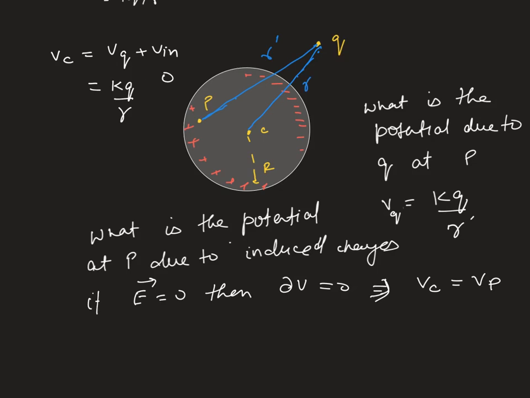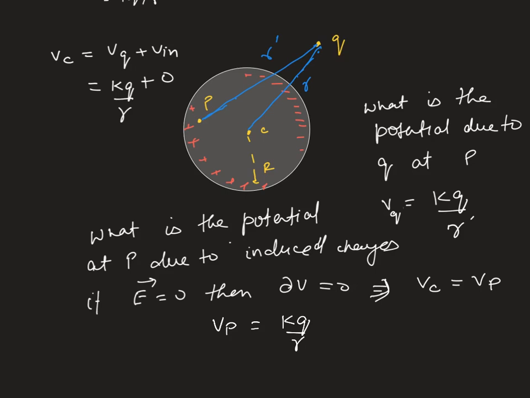So the potential at C is basically equals to KQ by R. And then if we know the potential at C, and we know that there is no change in potential because the field inside the entire conducting surface is 0, then we know that potential at P is equals to potential at C, and we can simply say that potential at P equals to KQ by R.